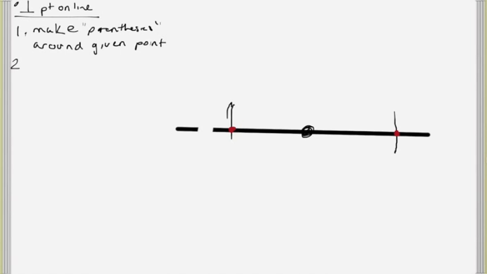So our second step is we're going to put the compass on one of the parentheses and make an arc above and below.